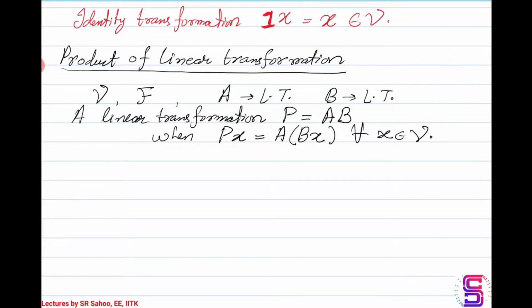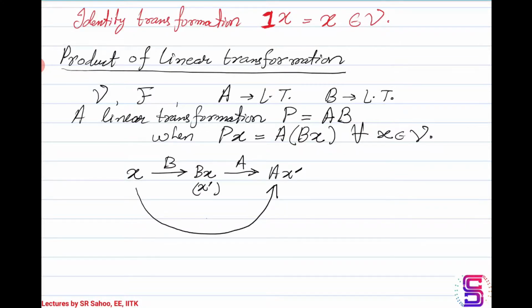So you take a vector x, make P act on it. This is the same as first B transforming the vector x to some vector, let's say x dash, and A acting on x dash to give you the same vector as what Px gave you. So x acted upon by B gives you the vector Bx, and let us label this vector as x dash, and when A acts on x dash, it gives you a vector Ax dash.